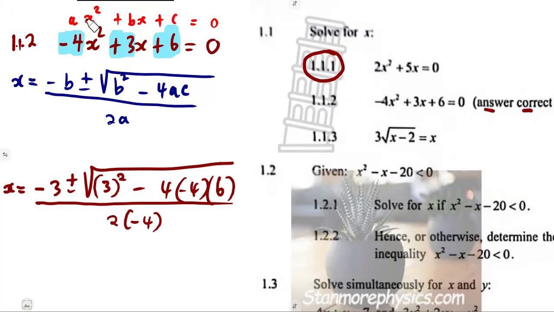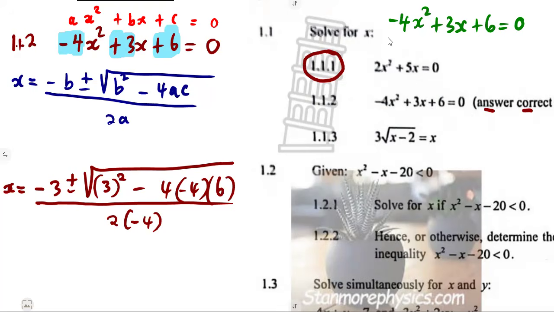You could have actually changed this equation to the manner that you understand. You are given this equation as minus 4x squared plus 3x plus 6 is equal to 0. So you can say, I want to avoid working with a negative value on a. But using the quadratic formula, there's no need.